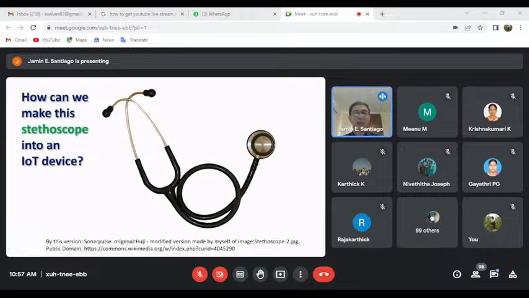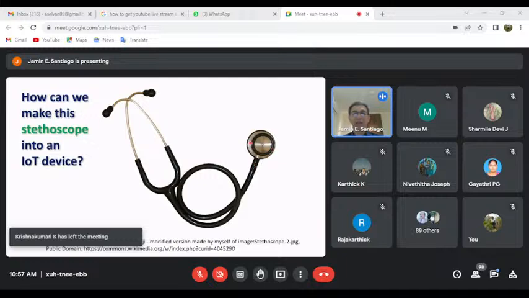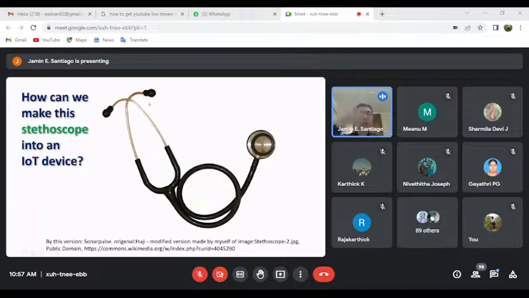Okay? So we are saving the information. We are saving the data, and we have a visual representation of the data, not just hearing it from this earpiece. We can see the actual shape of the wave. And the wave will be clear. It is not noisy. It is enhanced. Okay? So the doctor will be saving the data.